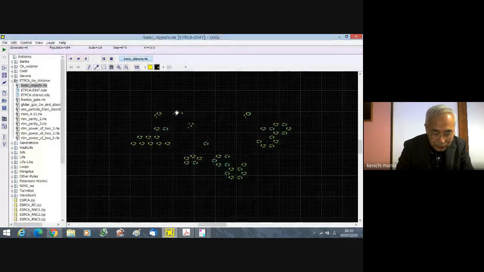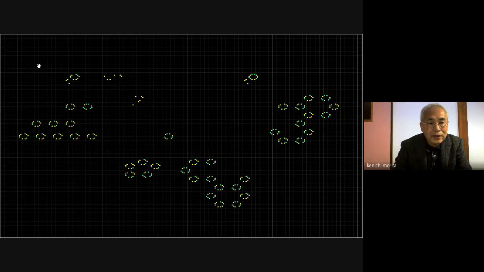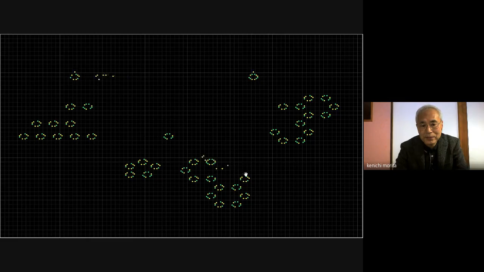I will show using Golly. In this configuration, there are 2 gliders here and here, okay? And there are many turn modules: right turn modules, U-turn modules, backward turn, and left turn, okay? Look at the lower glider.